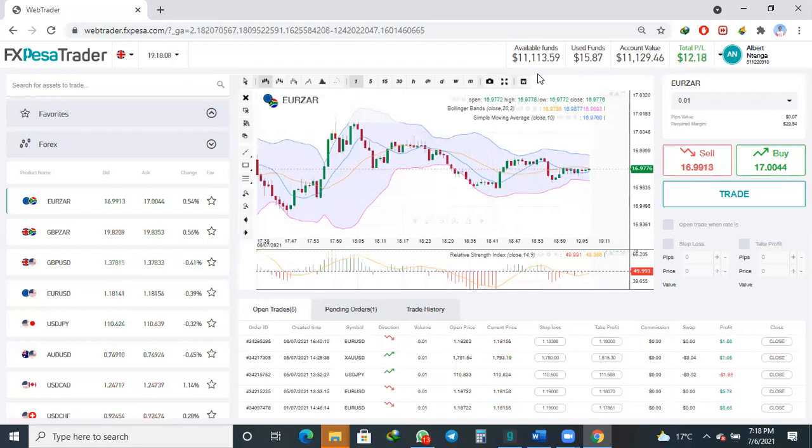When losses overburden the profits of your other trades, most of your trades are giving a negative figure, and your available funds cannot support the volatility of those trades. Now you get such a notification that you need to add more funds.